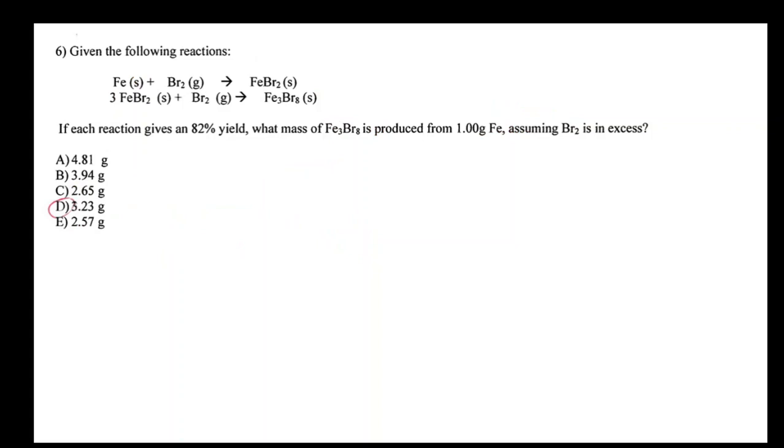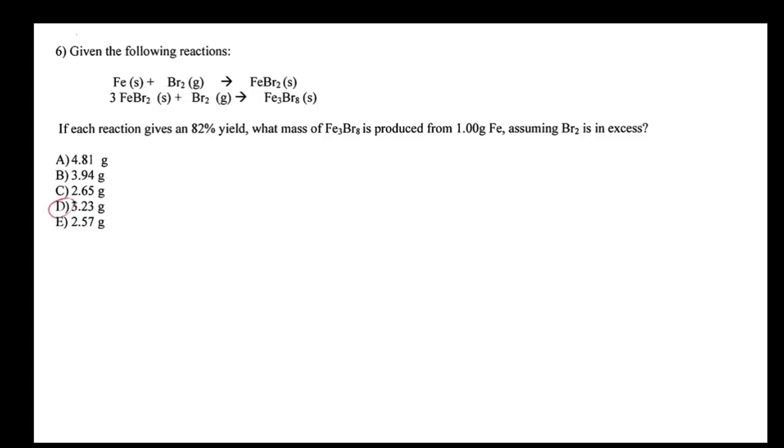Okay, so given the following reactions, Fe plus Br2 goes to iron bromide, and then iron bromide plus an additional bromine goes to that fun looking thing. If each reaction gives an 82% yield, what mass of Fe3Br8 is produced from 1 gram of iron, assuming Br2 is in excess?